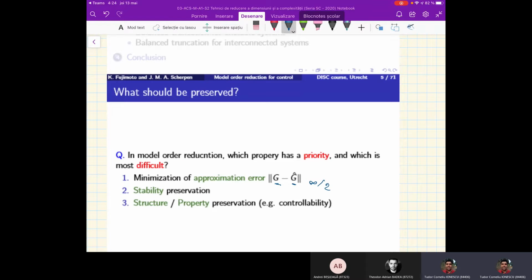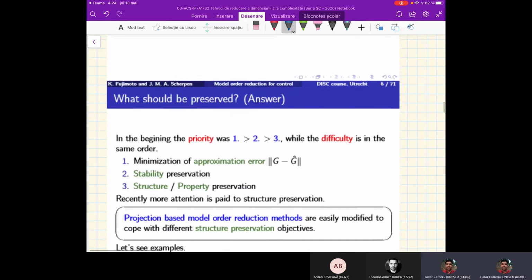These are the usual measures of error which need to be preserved. We need to preserve stability. We also need to preserve other properties such as controllability, or observability, or other structural properties. And there is a lot of literature on different subjects of physical systems, such as port Hamiltonian systems, mechanical systems, and so on and so forth.